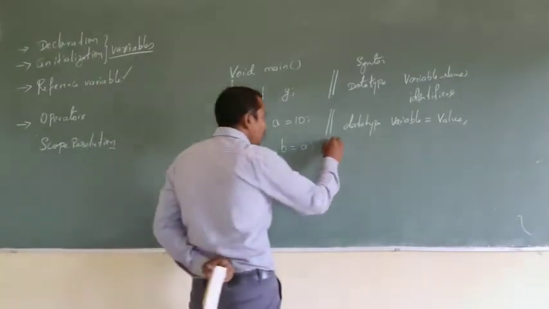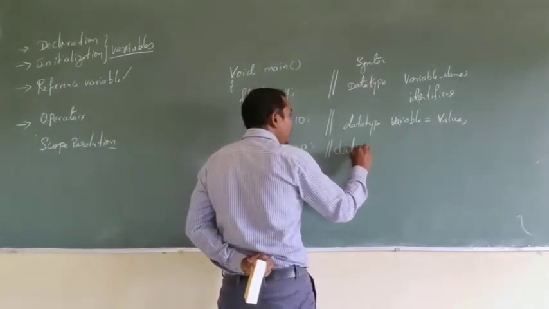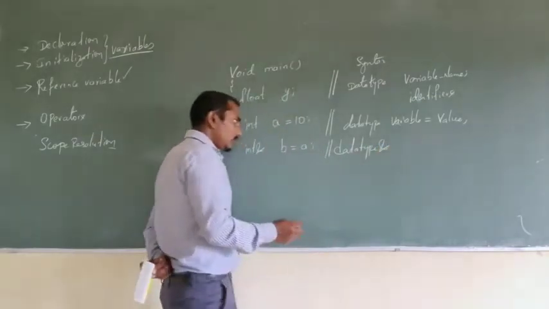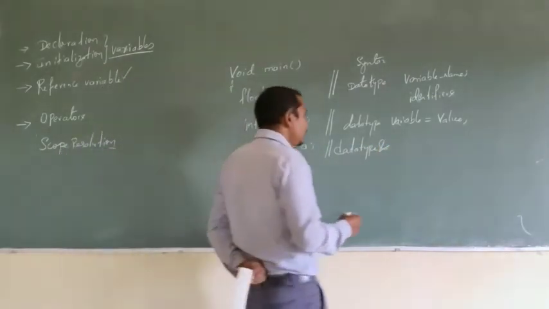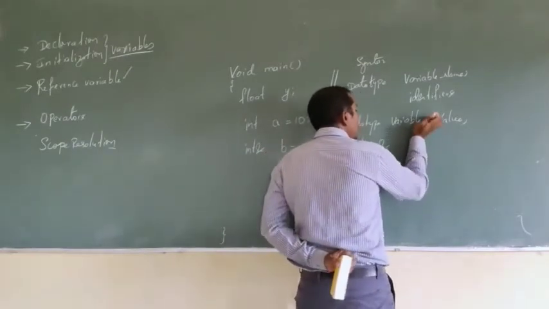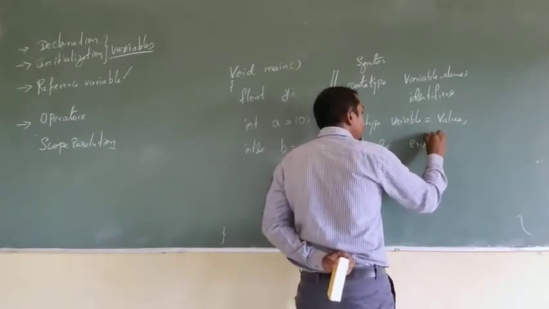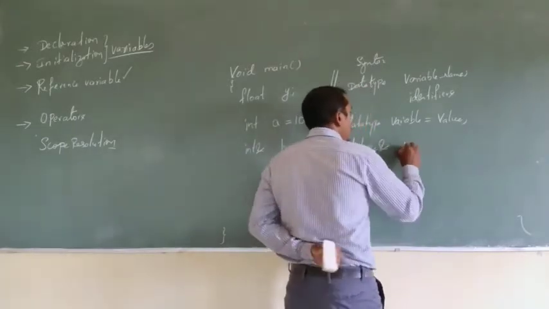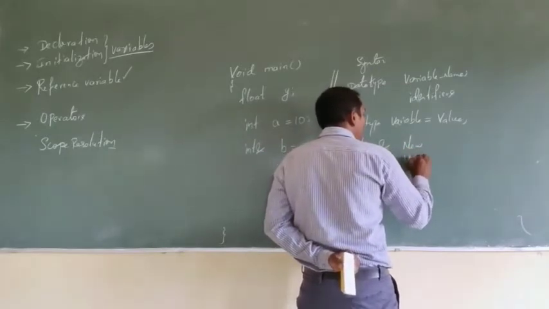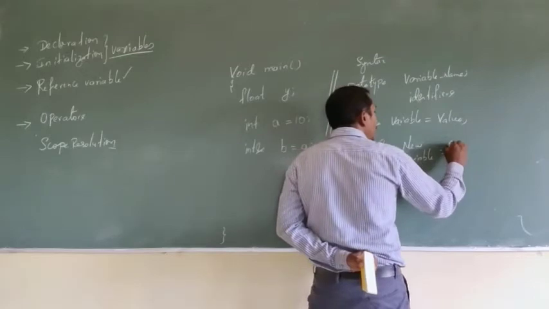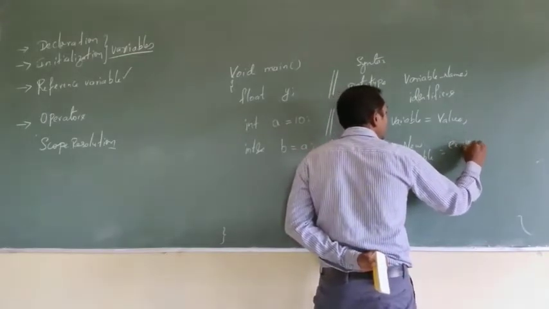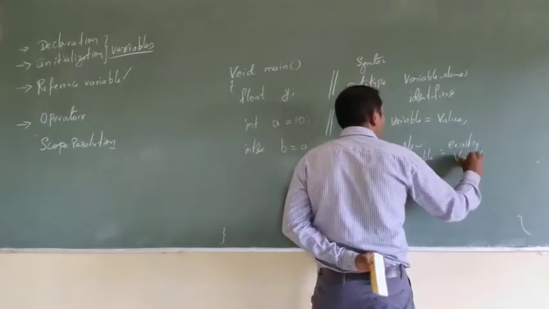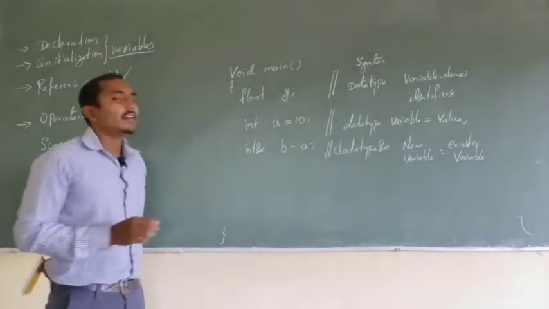So first you use the data type, followed by the ampersand operator, the new variable, which will be assigned to the existing variable. That is how we define a reference variable.